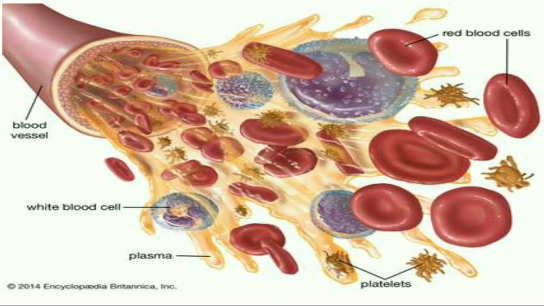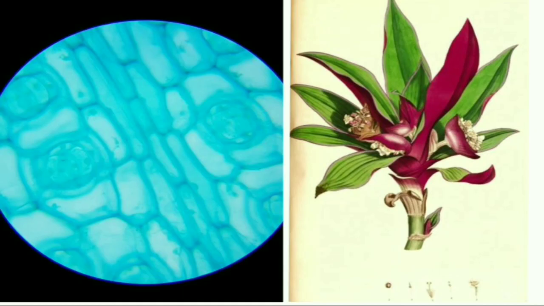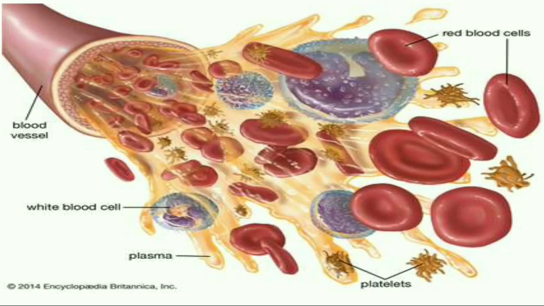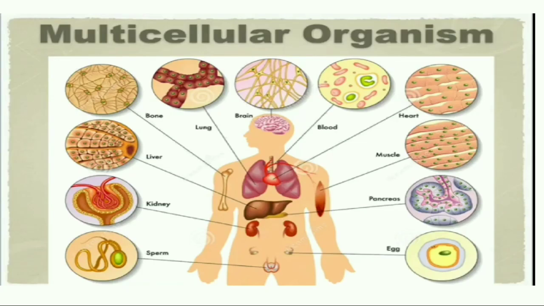Again I'm showing you, this is the cell structure of a leaf and this is the cell structure of human blood, and they both have different size and shape. So we can say that multicellular organisms have different types of cells with different size and shape, and every cell has a specific function.